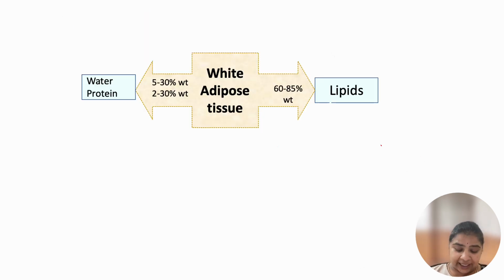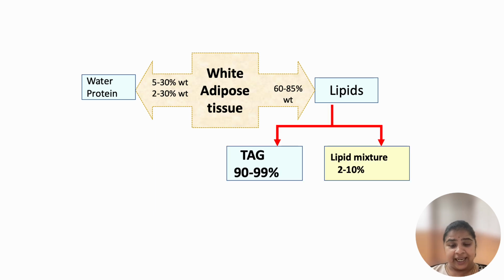So, what is the content in adipose tissue? We have some amount of water and proteins, but the majority of it is going to be lipids, and of this, 90 to 99% is going to be triacylglycerols. Another small percentage can be a mixture of other lipids, phospholipids or cholesterol.